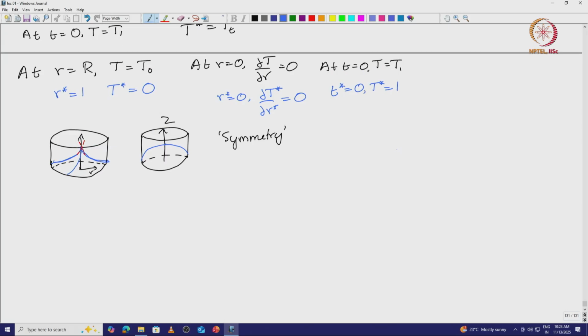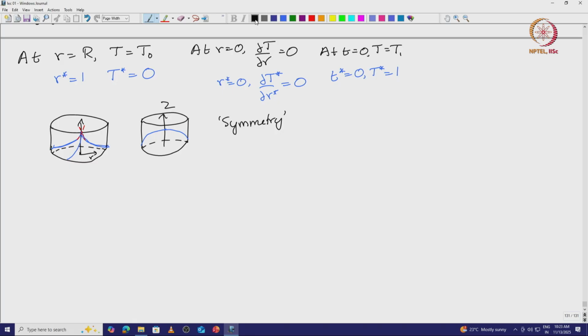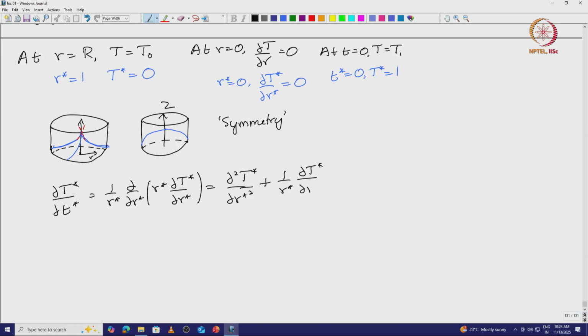So, how do we solve this problem? Once again, we use separation of variables. The equation is partial T star by partial t star is equal to 1 by r star, and I can expand this out as partial square T star by partial r star square plus 1 by r star partial T star by partial r star.